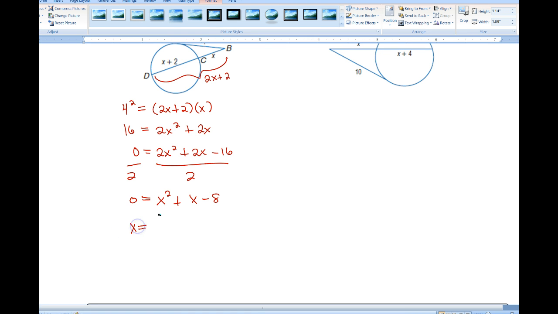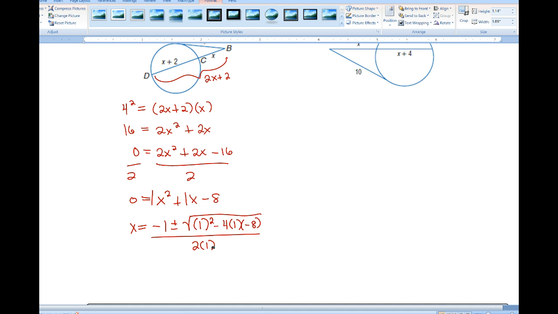So it's negative b. B is the coefficient of the x, so it's negative 1 plus or minus the square root of b squared minus 4ac. Where's b? B is 1, and so is a. Remember, if you don't see a coefficient, that means there's a 1.